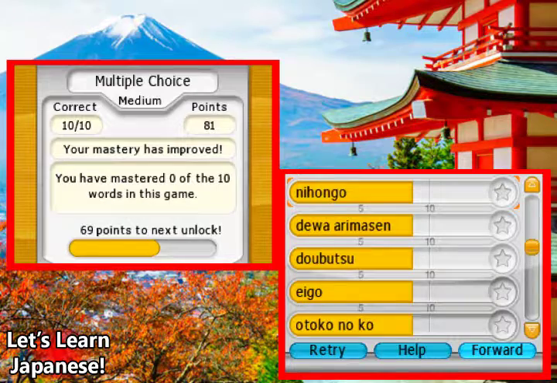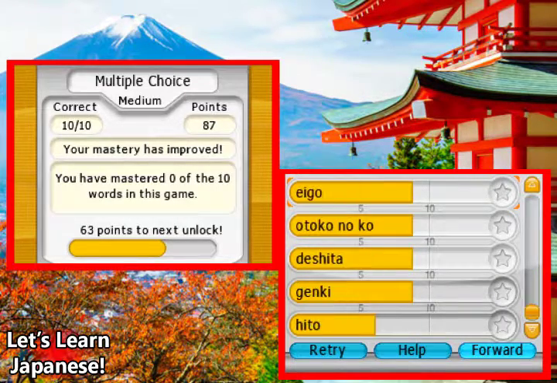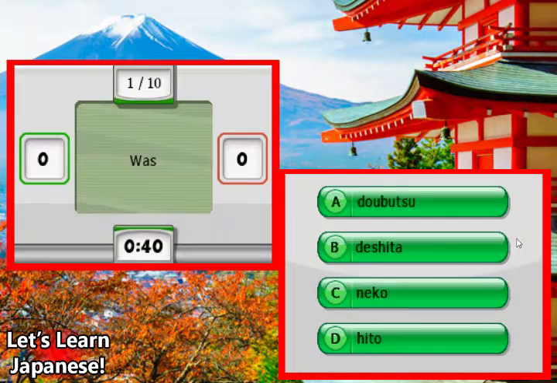Bad. Deshita is past tense. Dewa arimasen is negative. We're doing it again. Alright.